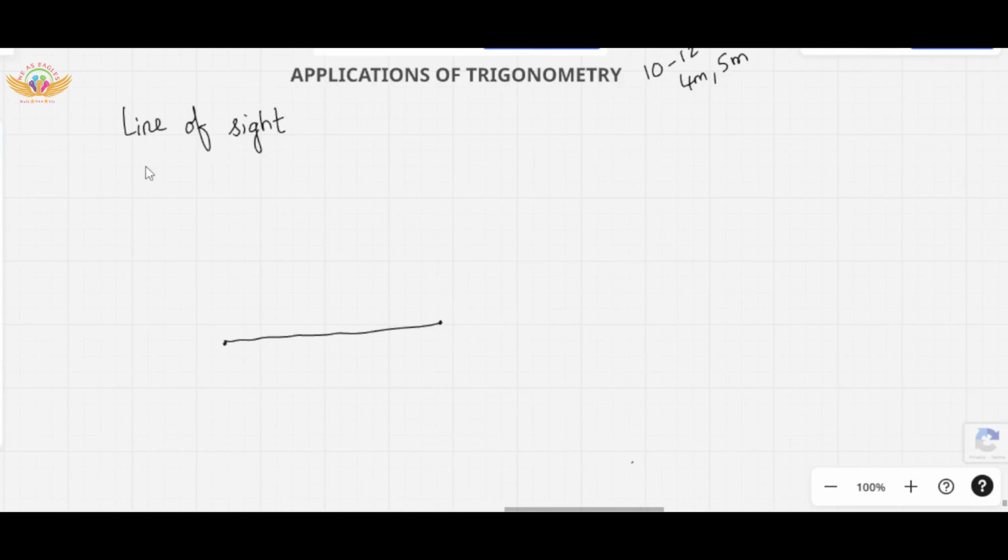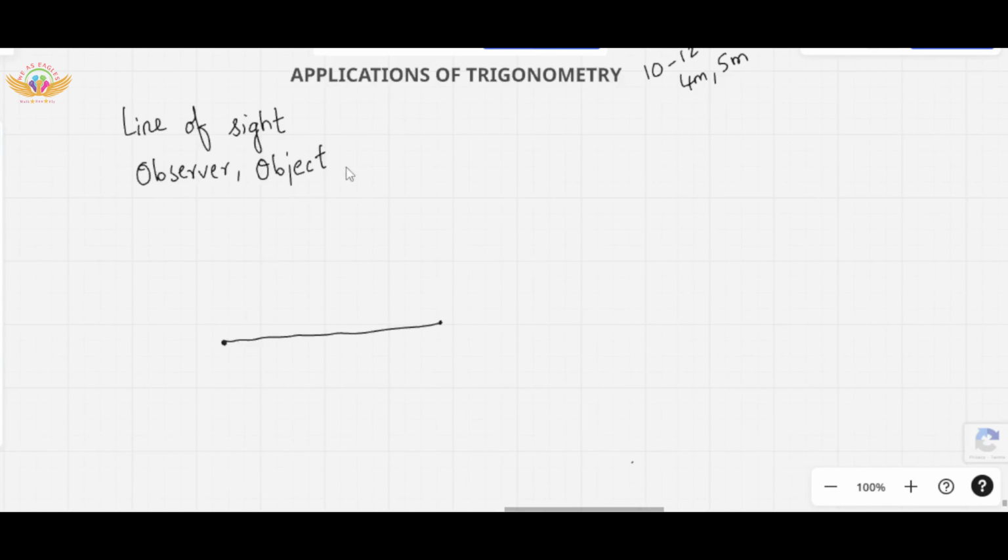Okay, and another one is observer and object. Who is observer and what is object? Observer is the person who will be standing at the starting point and observing something from there. It might be a man, a boy, or any person who is standing here and observing something somewhere here.